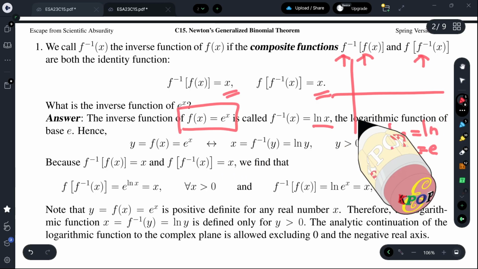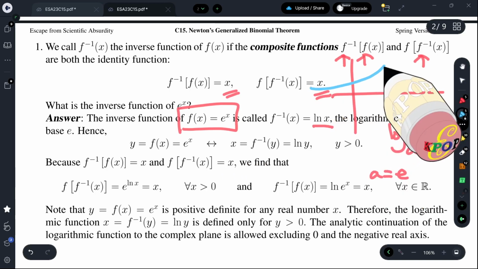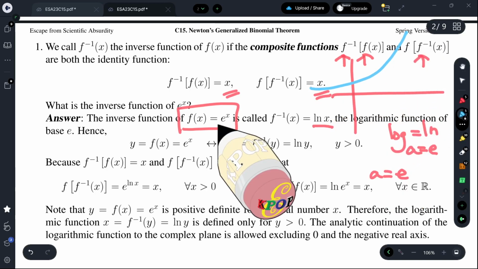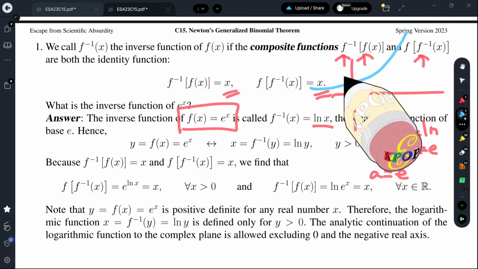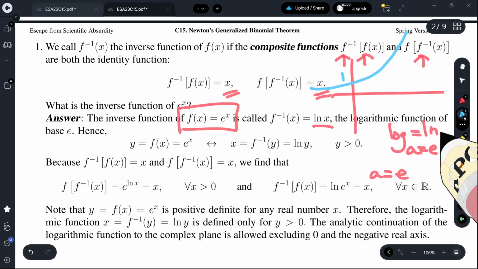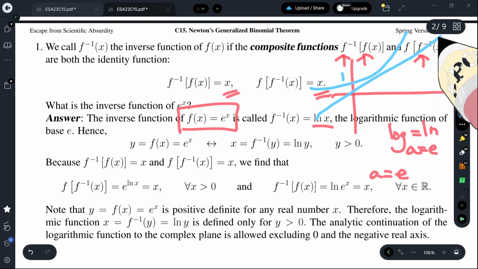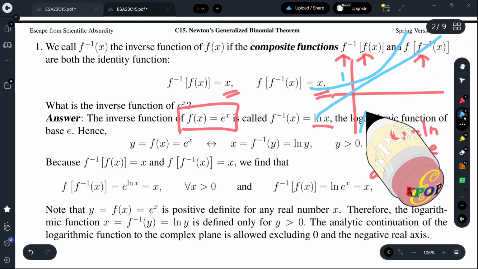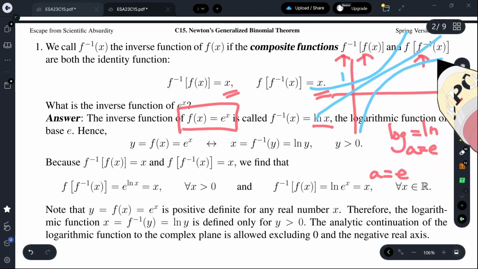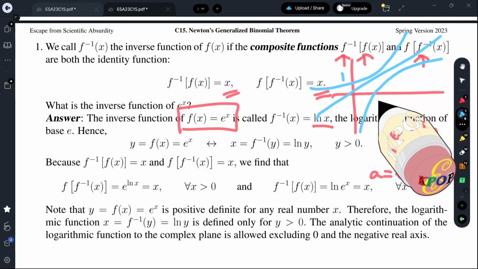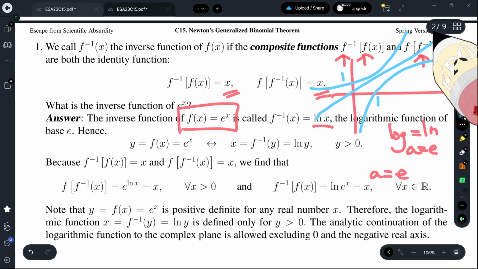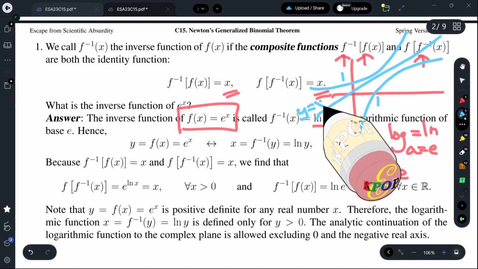If we draw a figure, the plot for the exponential function has a y-intercept of 1. If you make a symmetric plot, its x-intercept is 1, and this is y equals x.